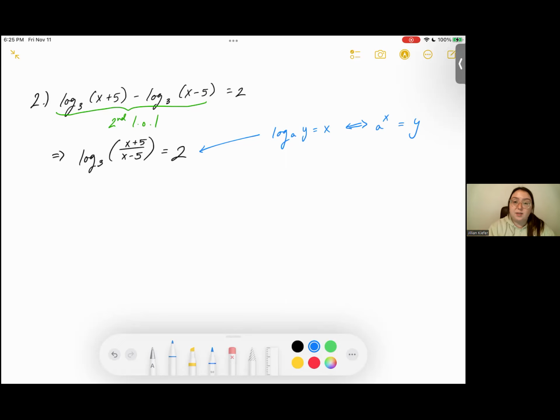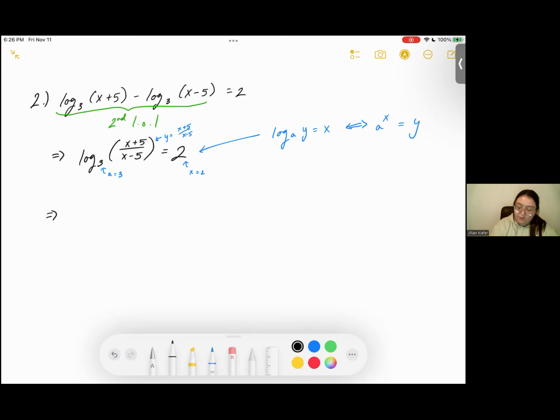So you can always rewrite in those forms if you want one or the other. So in this case, we want the exponential form. We don't want a logarithm anymore. So we're going to rewrite everything. So we see that in this case, 3 is a, the base. 2 is x, the exponent. And y is our rational function here, x plus 5 over x minus 5.